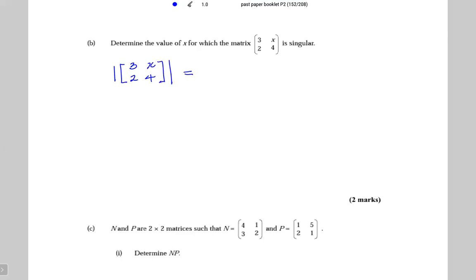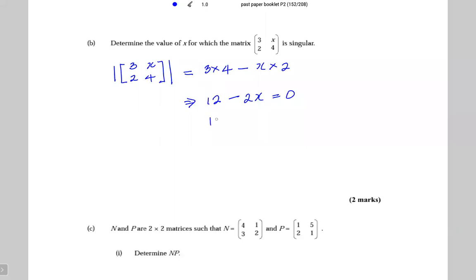The determinant would be equal to 3 times 4 minus x times 2. And so this is 12 minus 2x, and this must be equal to 0. Why 0? Because we're told that the matrix is singular.